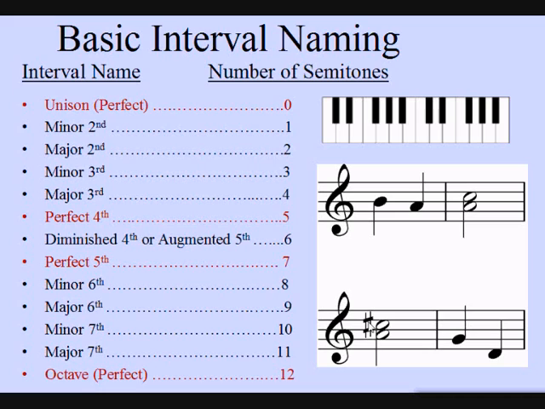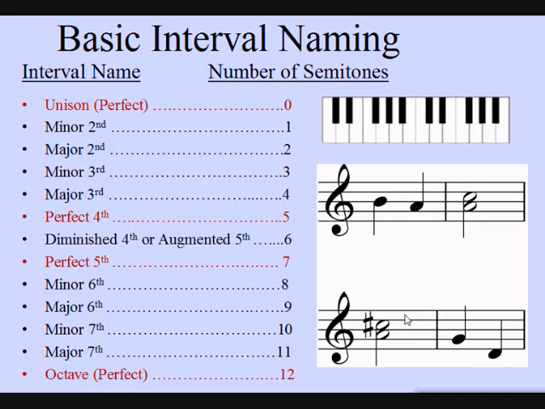Let's look at this one. We have that this is 1, 2, 3 staff count away from each other. That means this is a third too. But let's count the number of semitones of separation between the two notes. This is an A and this is a C sharp.